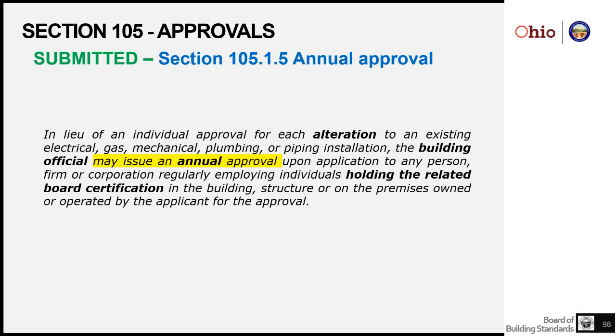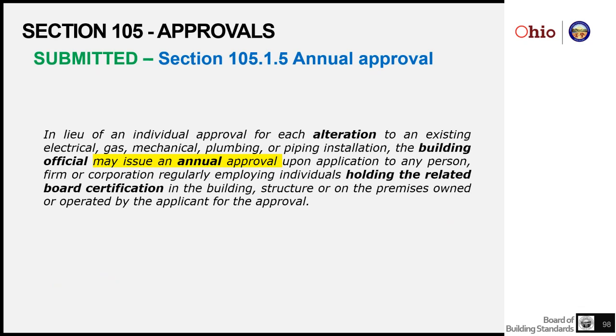And essentially, they can move forward under the annual approval and make those changes because that certified employee of the company is making sure that that work is done in conformance with the rules of the board.